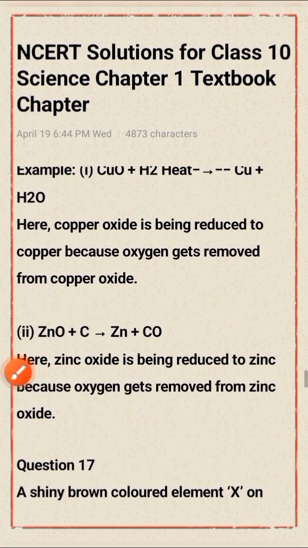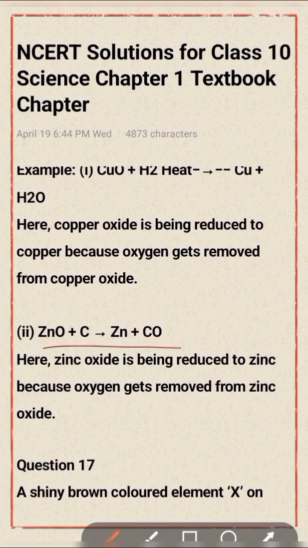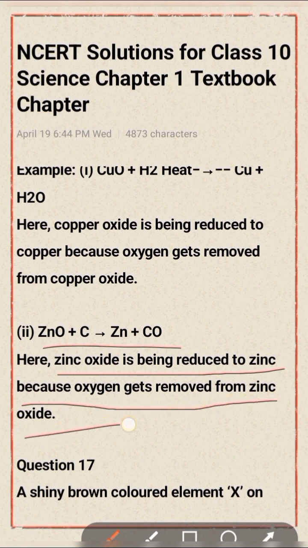Next example, zinc oxide reacts with carbon to form zinc and carbon monoxide. Hence zinc oxide is being reduced to zinc because oxygen gets removed from zinc oxide.